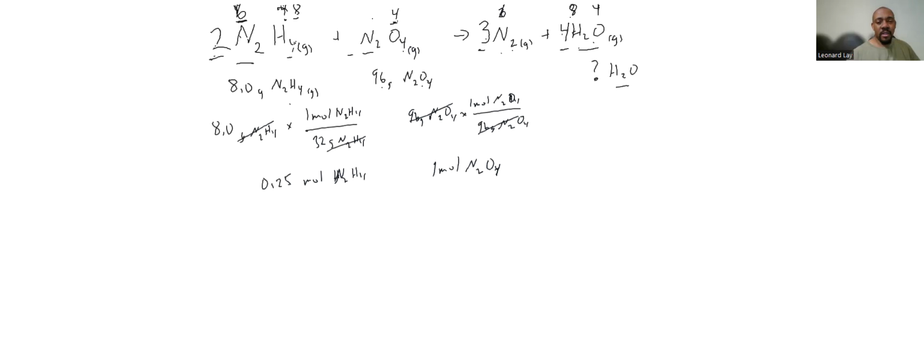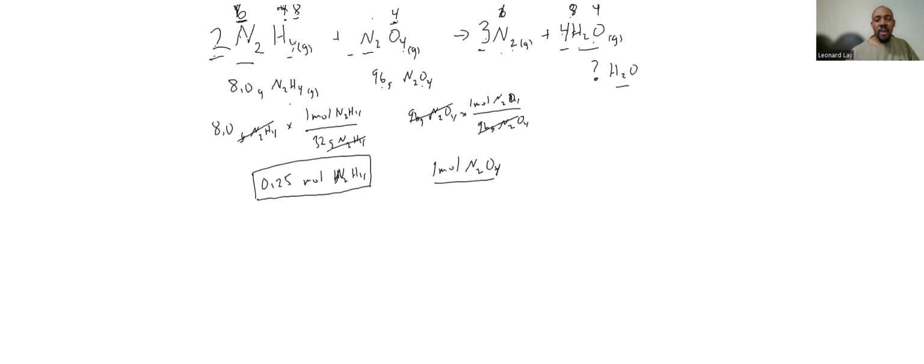The 0.25 moles of the hydrazine will be used up before this full mole of the dinitrogen tetroxide. So if that's the case, we know that this is our limiting reagent.